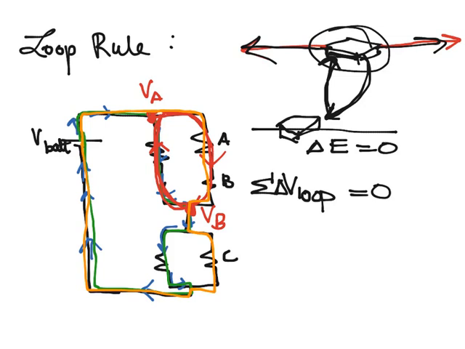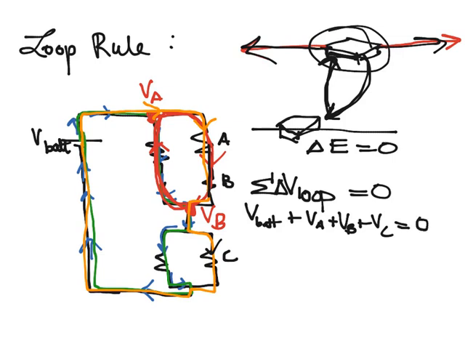So I always start at the battery if my loop goes through a battery. And we have the whole voltage of the battery. So whatever that is, whether it's 15 volts, 9 volts, 1.5 volts, that's the first thing we add. And then as we go through the loop, we add the voltage drop across every resistor. So we have V battery plus VA plus VB, plus, because we've gone through resistor A and B, plus VC equals 0.